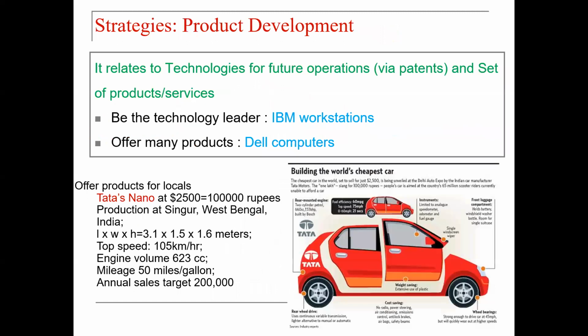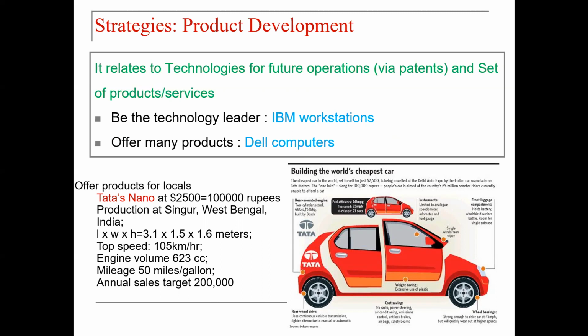Product development relates to technologies for future operations via patents and a set of product services. For example, be the technology leader. At some point, IBM workstations were the technology leader in desktop computers, or offer many products such as Dell computers.